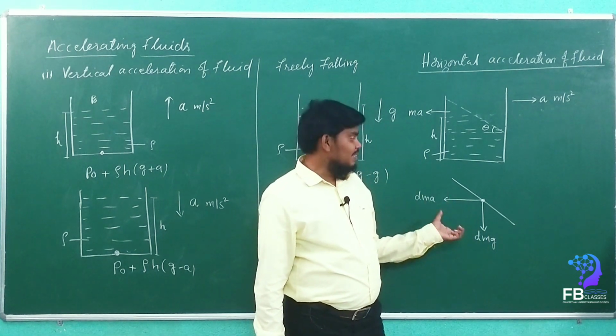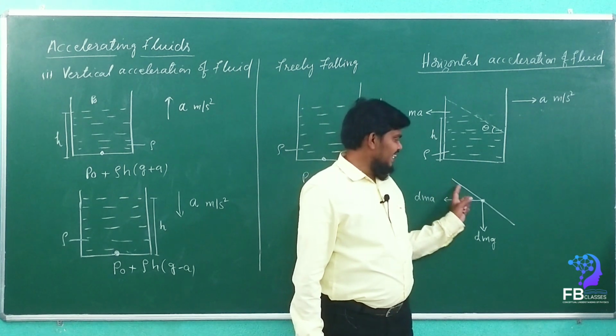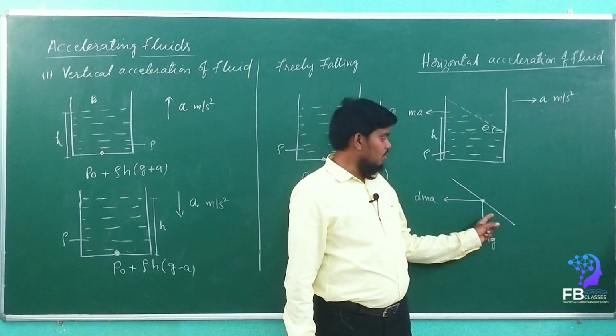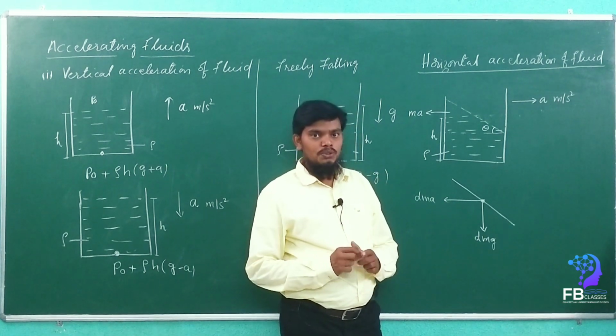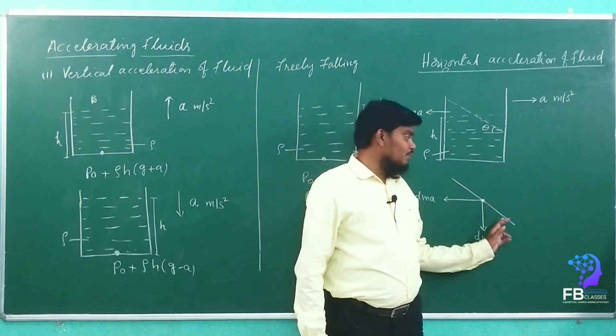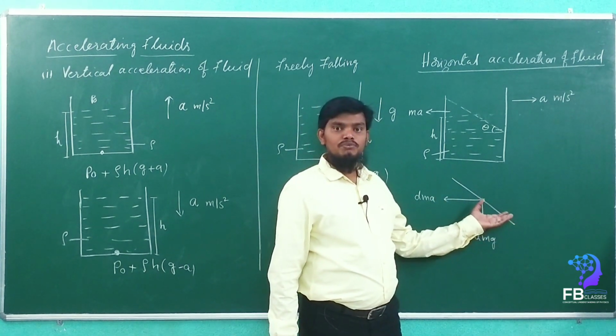Okay, what is the concept here? The concept is, for any particle along the surface of the liquid, the net force should be 0, because if the net force is not 0, this liquid is going to move. Yes or no?